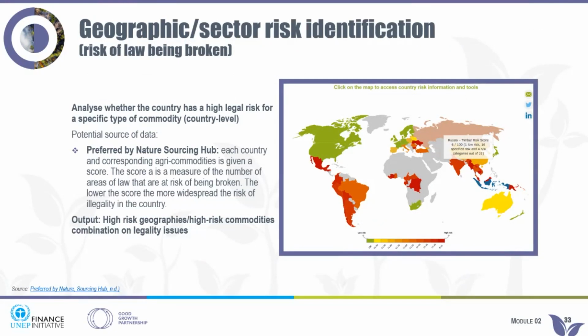So really understanding sourcing, where your clients are based, where they're doing their business is of paramount importance. And the key message here is that you shouldn't treat country risk and commodity risk separately, given the interplay between these two factors. Next slide.